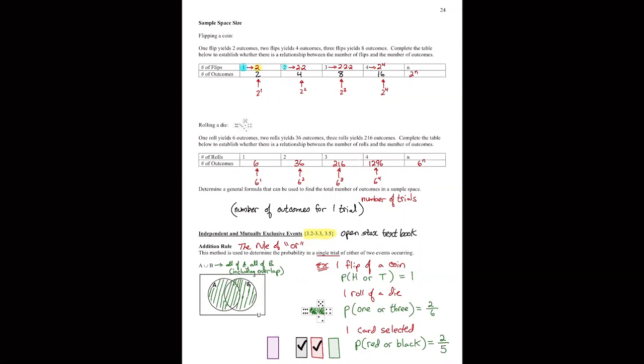All right. The idea behind it was there was a 5th card. The purple card was purple. The green card was green. The black card was black. The red card was red. There's a card right here.